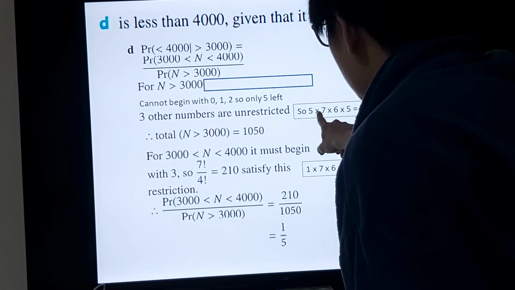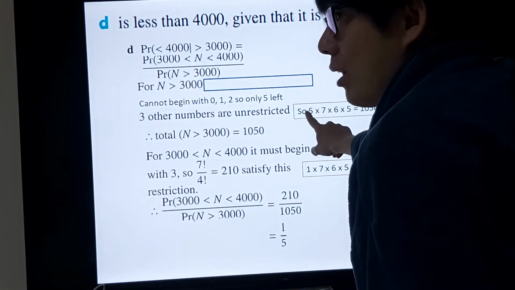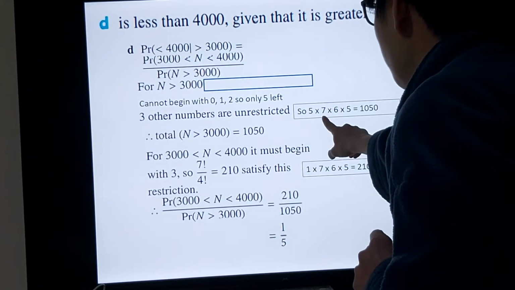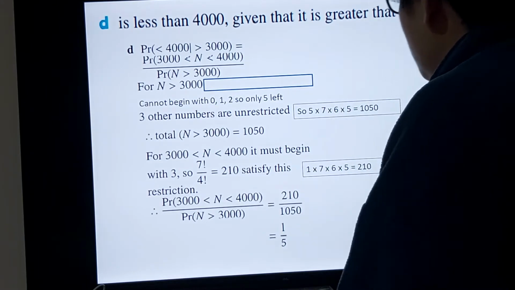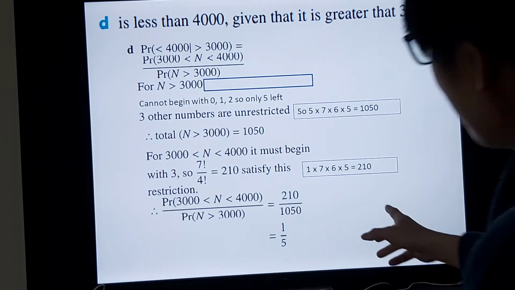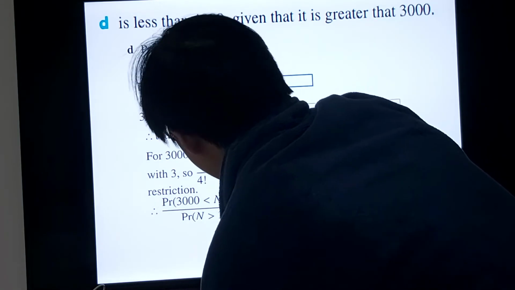Once you have taken one digit, 7 is left, then 6 and 5. So the answer is 1050. This will be the sample size for more than 3,000.